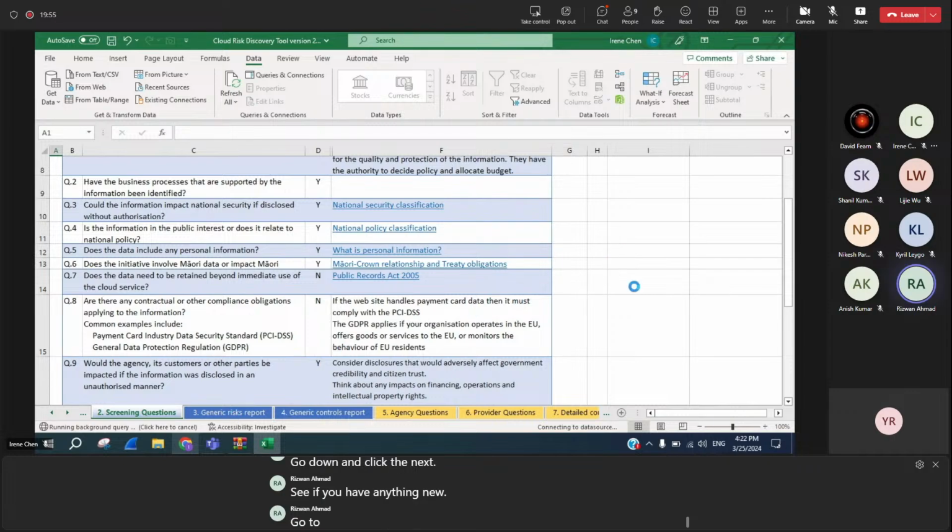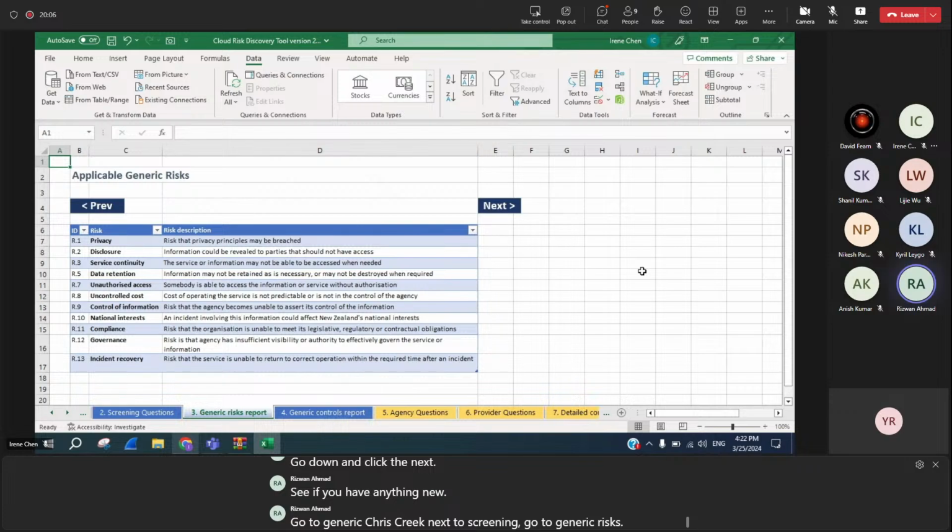Go to generic risk. Click next to screening, go to generic risks. Click next.